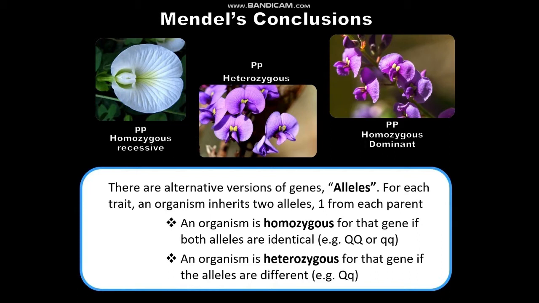Now here, where I was giving you examples for genotypes, I used the letter Q. In general, it does not matter what letter you use for your genotypes. You can choose whatever letter you want unless I specifically give you a letter for a problem. But if you're in a situation where you are allowed to select what letter you're going to use, I would caution you not to use certain letters.